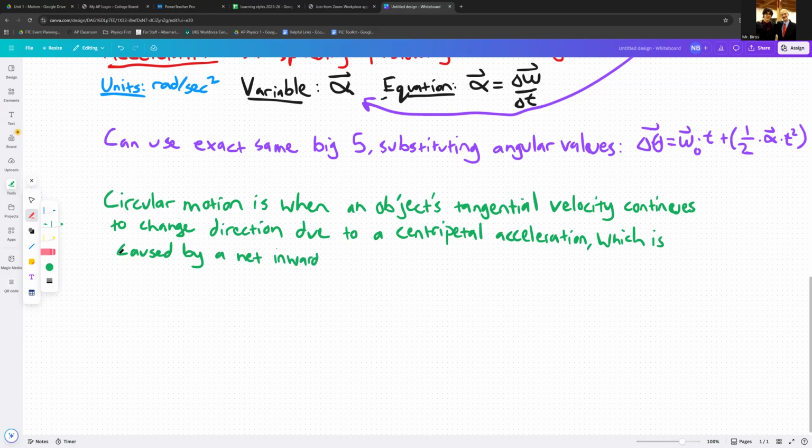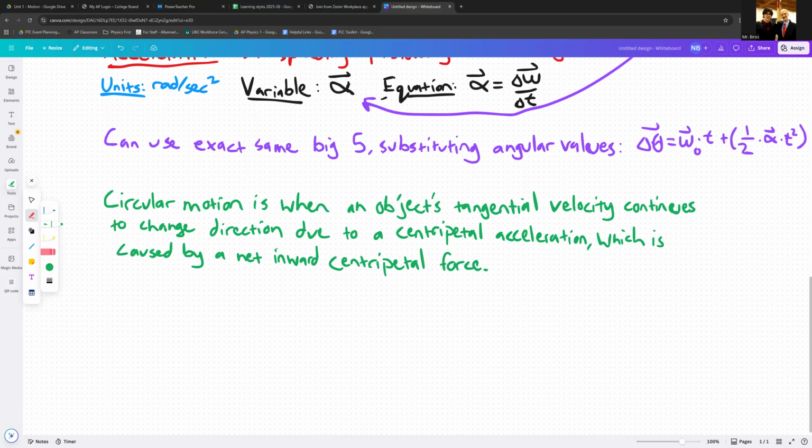Again, there could be outward forces acting, but the net force, once you've added them all up, will be inward, a net inward centripetal force. So that's what causes circular motion to happen.